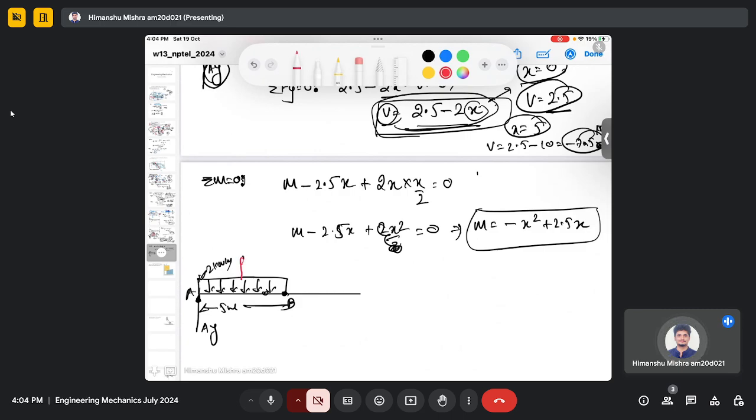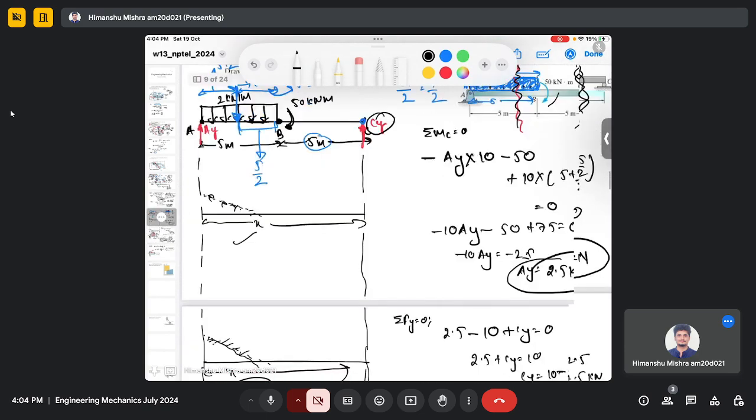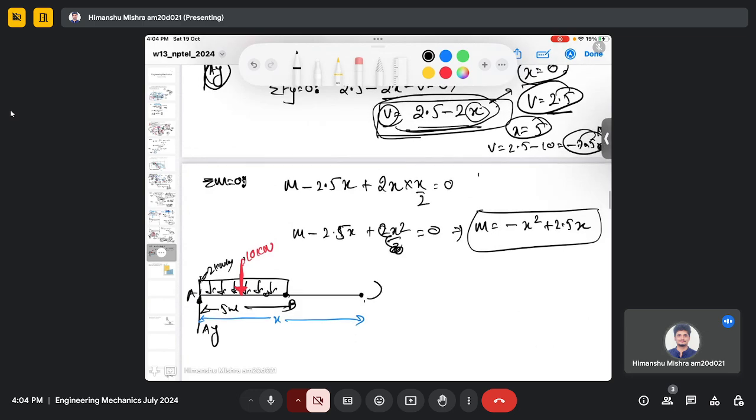The equivalent load was 10 kilonewton. This is x. And there will be a moment here, a shear force here.